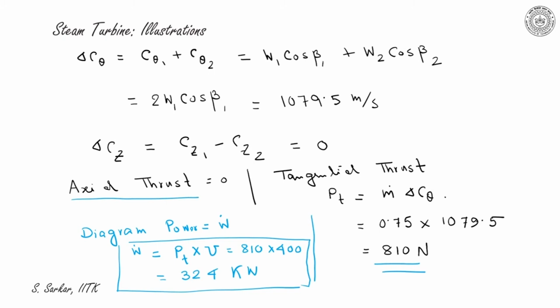Now the only remaining item is diagram efficiency. So let's go to the next page to evaluate diagram efficiency. Diagram efficiency, that is blade efficiency eta B, should be equal to W dot divided by half m dot into C1 square.